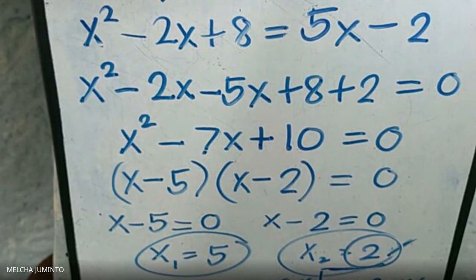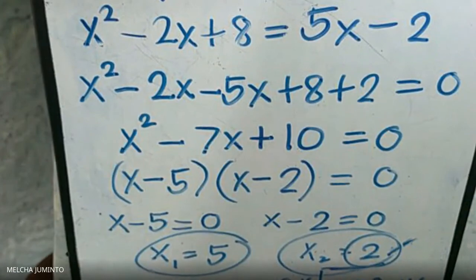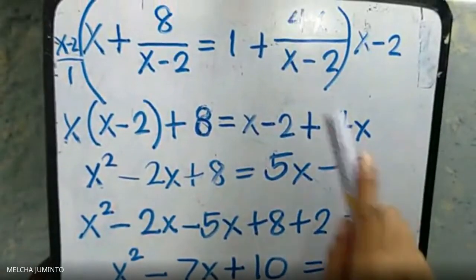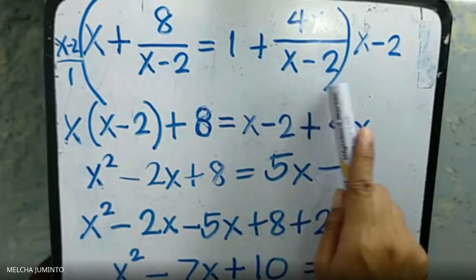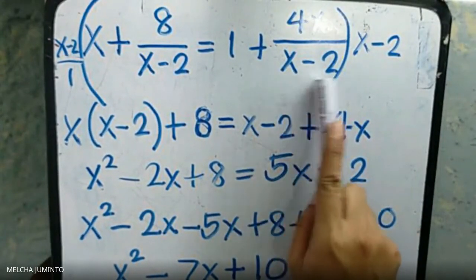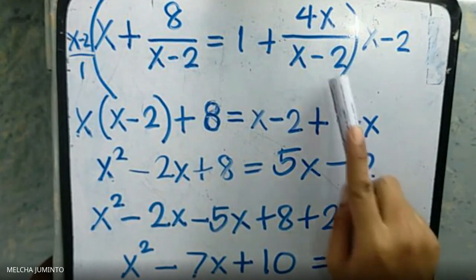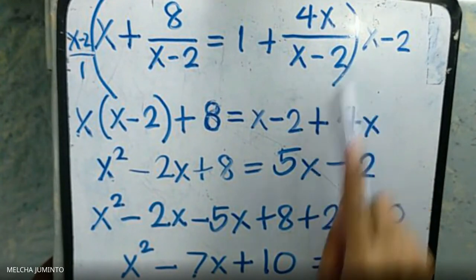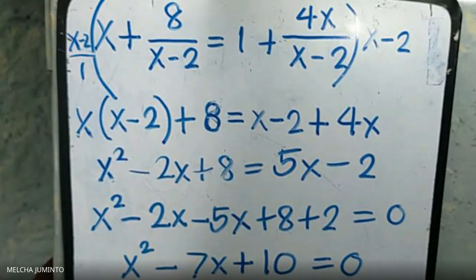It is obviously an extraneous root because if we replace it in the equation, if we replace x with 2, 2 minus 2, 0. And then denominator of 0 is still undefined in math. So we can only consider that 5 is a solution, but 2 is an extraneous root or solution of this equation. It is not a solution of the original equation.